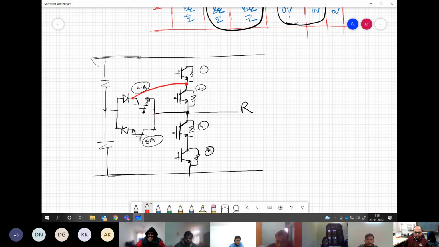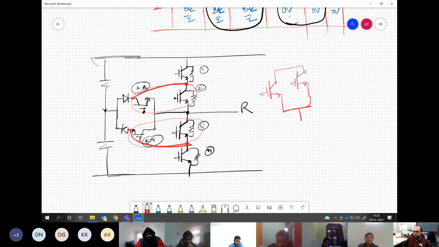Similarly, for 3 and 3A, we can have a connection like this. So what is happening? We have two IGBTs in parallel at these two places. We will have an arrangement like this, yes or no?